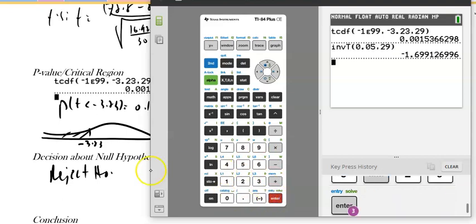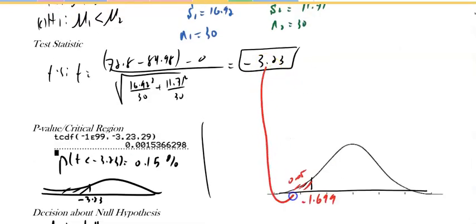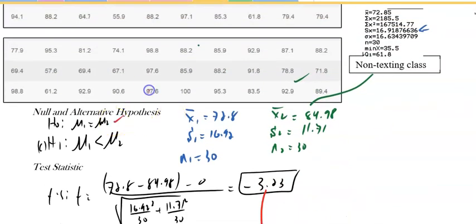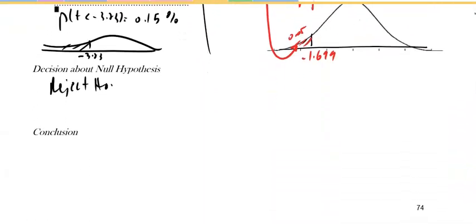Tell us what that number is. Negative 1.70 or negative 1.699, doesn't matter. Do you see that the test statistic falls in the rejection region? Reject the null hypothesis. The null hypothesis says it doesn't matter whether they text or not. Obviously, it does.